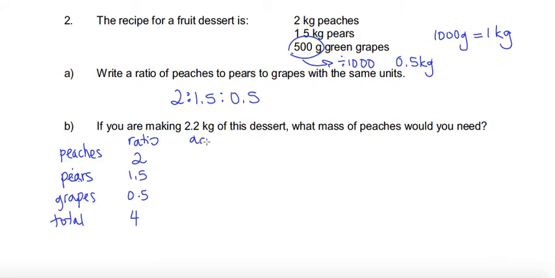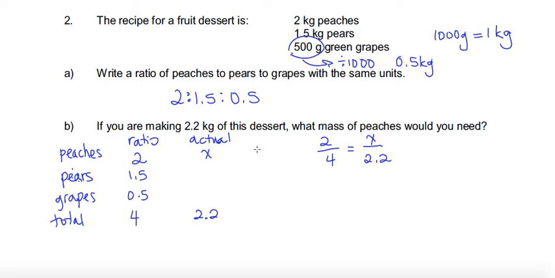And in our actual, I want to know how many peaches I need. It's not asking me to find out how many pears or grapes, just the peaches, and my total is 2.2 kilograms. So when I set up my proportion, it's going to be 2 over 4 is equal to x over 2.2.